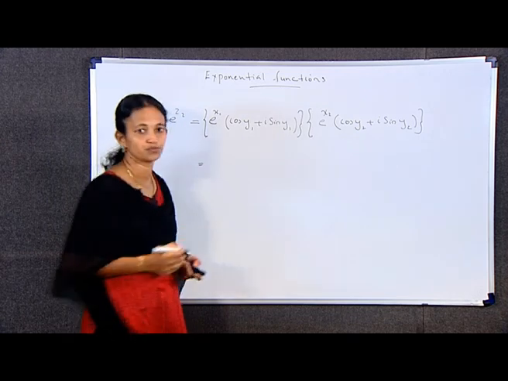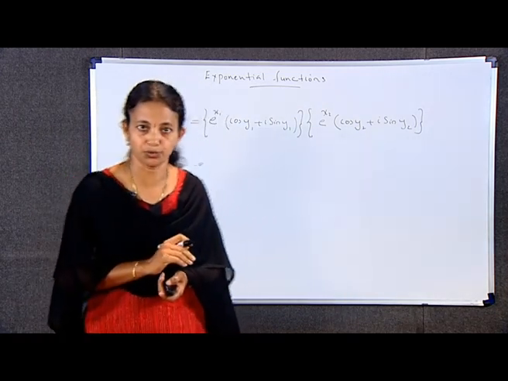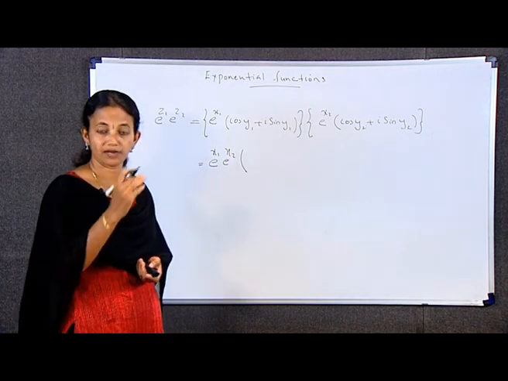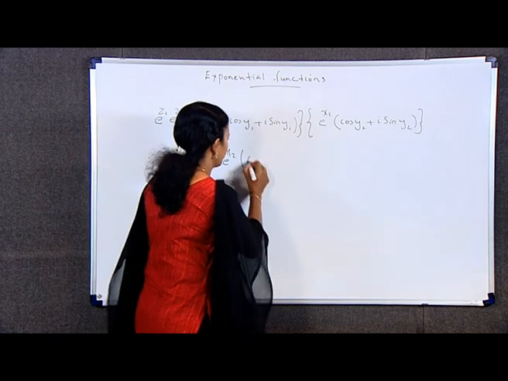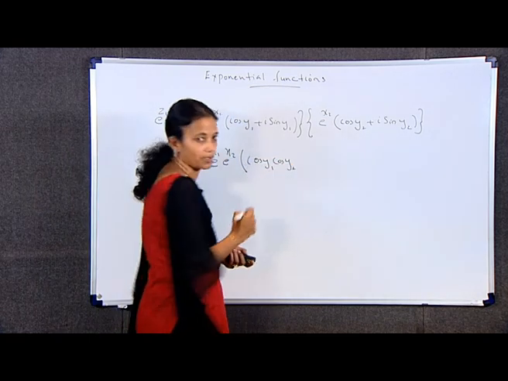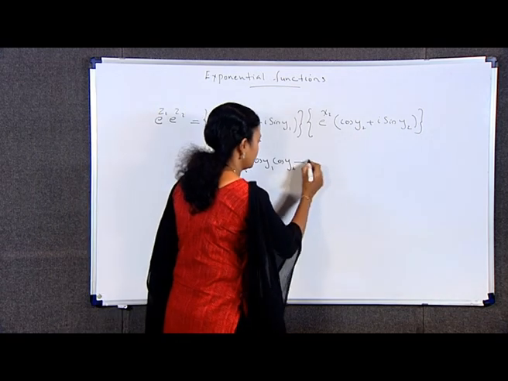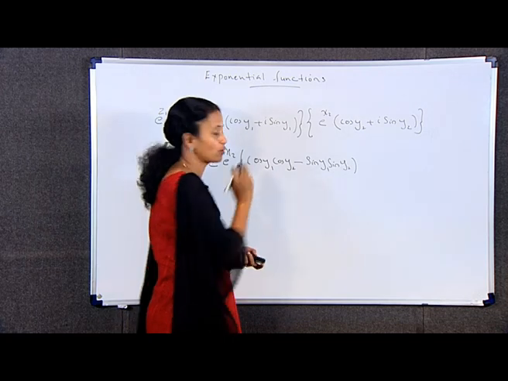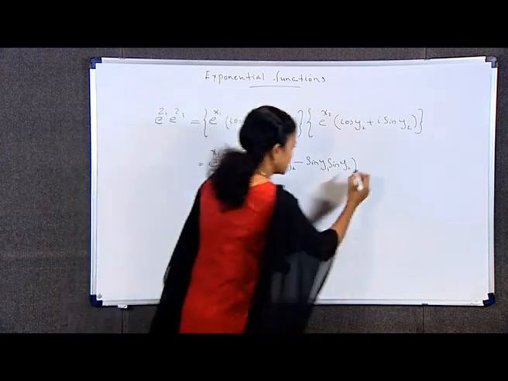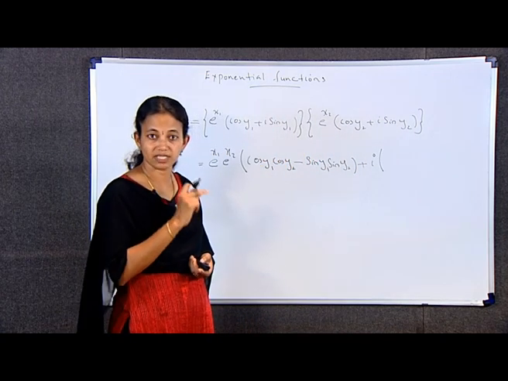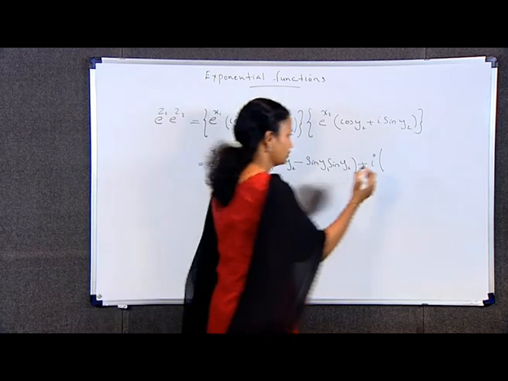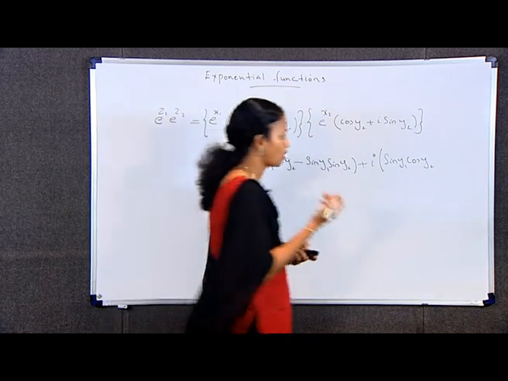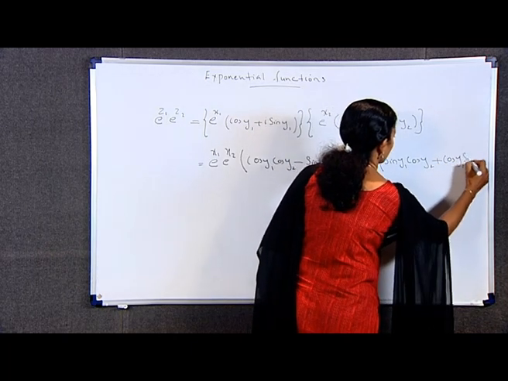Using definition 1, we can write this as e raised to x1 e raised to x2 into cos y1 cos y2 minus sin y1 sin y2, plus i terms, taking the i terms together, sin y1 cos y2 plus cos y1 sin y2.